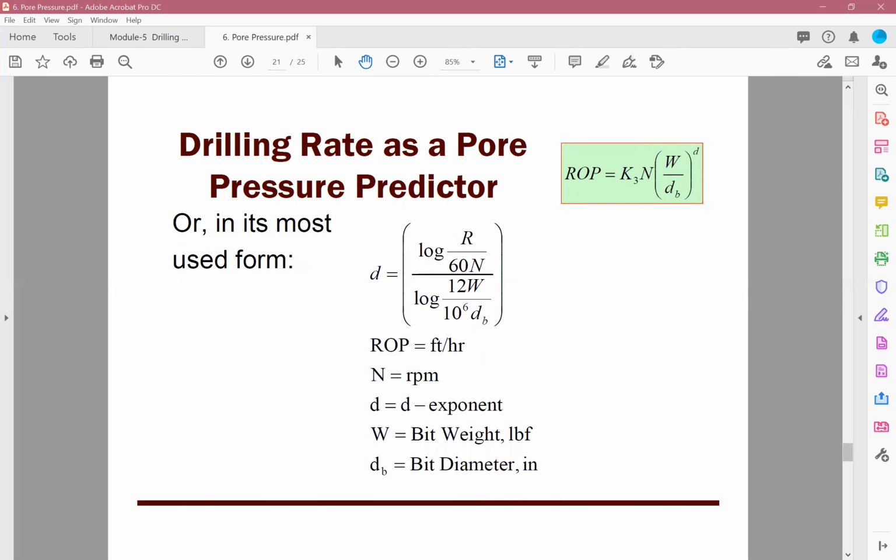If you solve that equation for the d exponent, it becomes this, and it is one of the factors you can use as an indicator of your pore pressure.